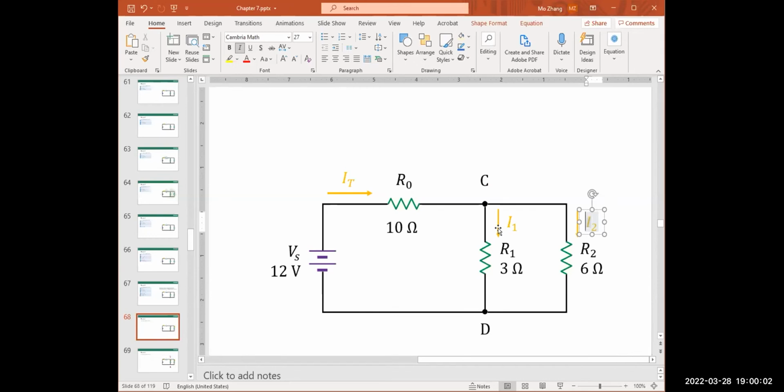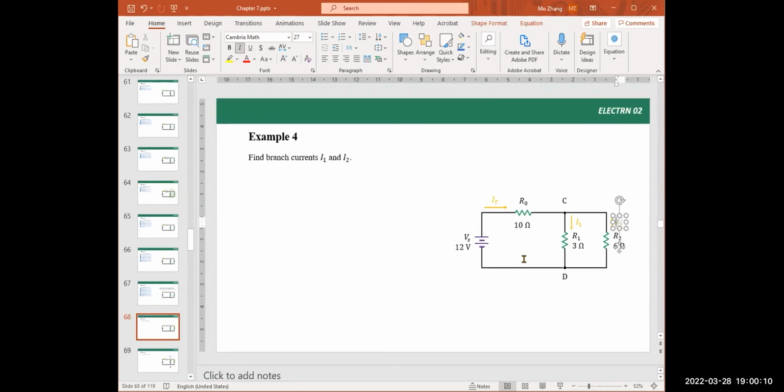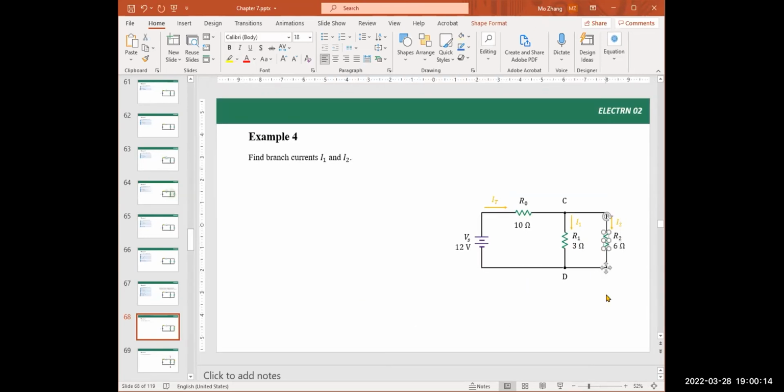The current flows in a branch, not a main branch, sub-branches. So how can we find the current in this branch and that branch? The answer is Ohm's law. Ohm's law is the way to go. That can help us to find the current in every branch.